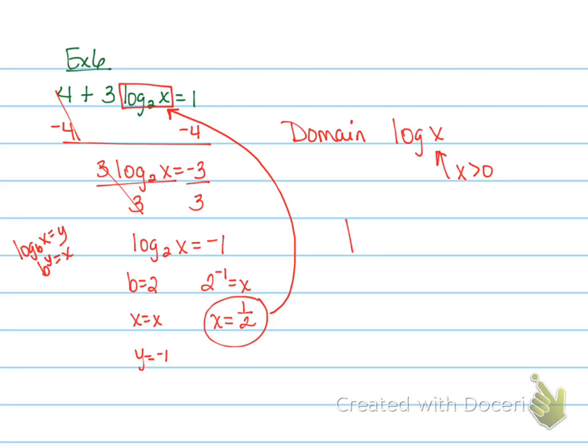So we had log base 2 of x, so plug in 1/2, log base 2 of 1/2. Could we take the log of 1/2? We can. This number is greater than 0, therefore it's okay, which means that 1/2 is our solution. That's the hardest part on logs, is we have to remember to check our solution.